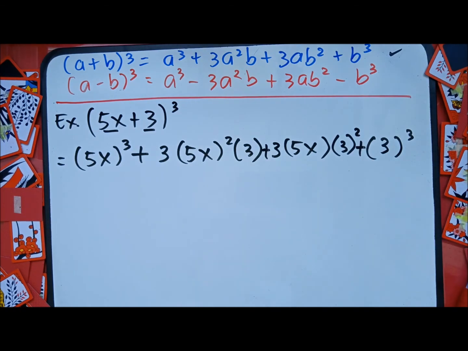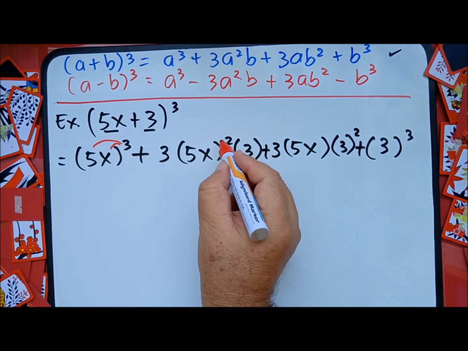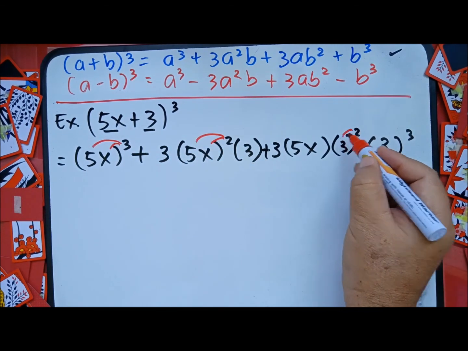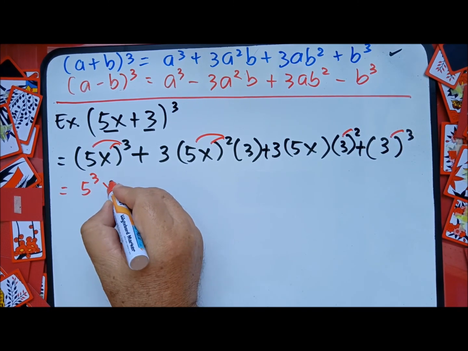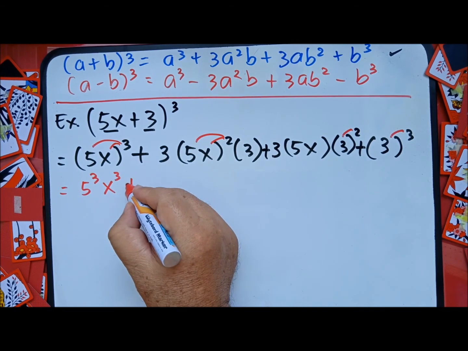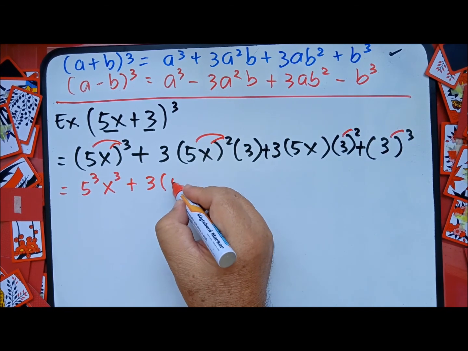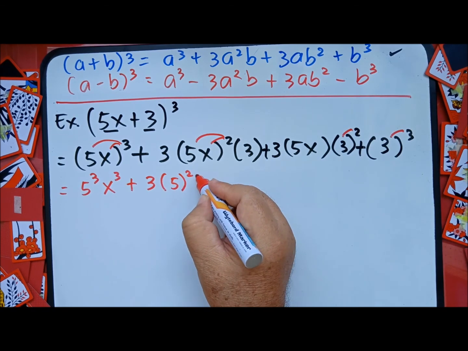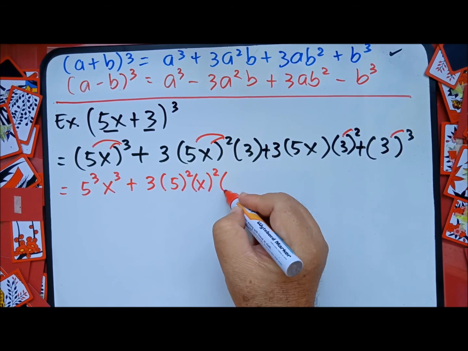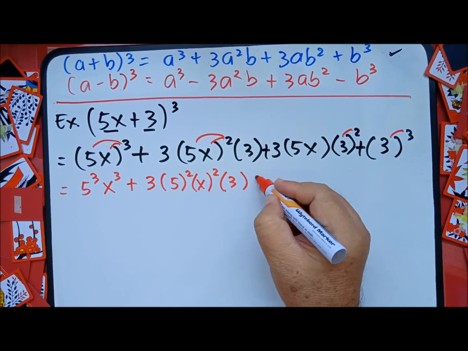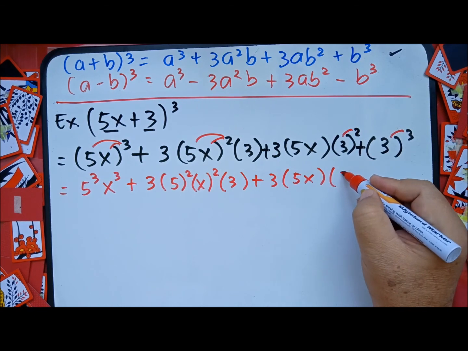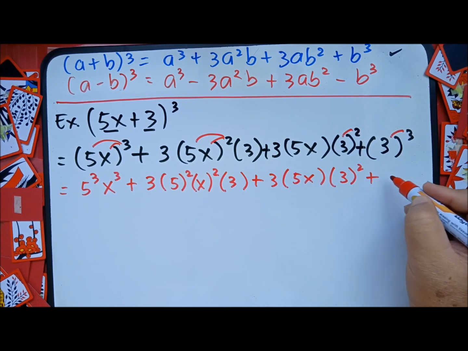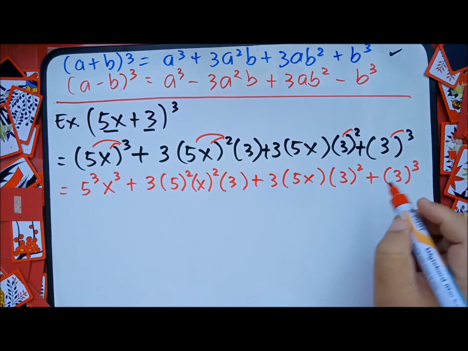Now, simplify. How will you simplify this? Distribute the exponents. This will become 5 cubed x cubed plus 3 times 5 squared x squared times 3 plus 3 times 5x times 3 squared plus 3 cubed.